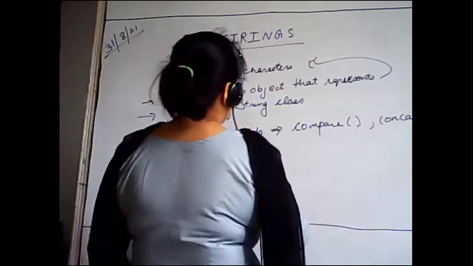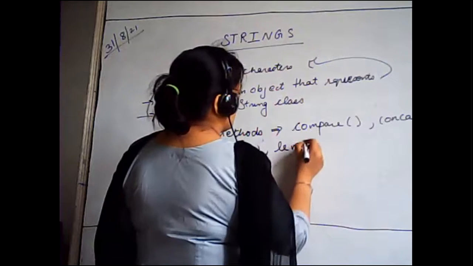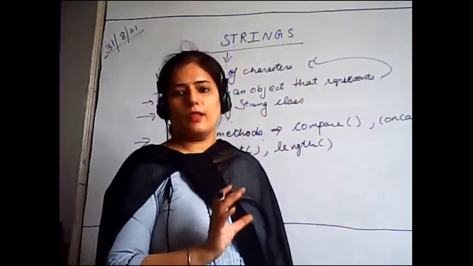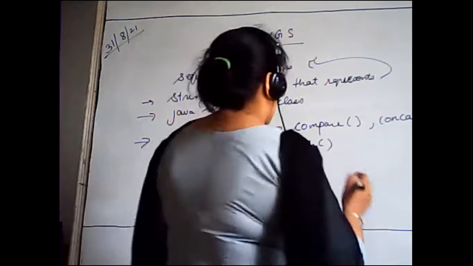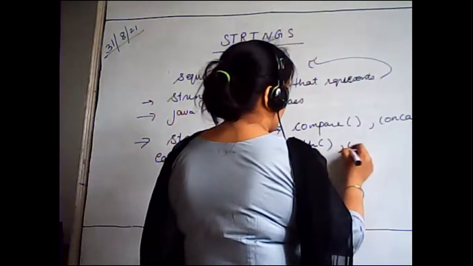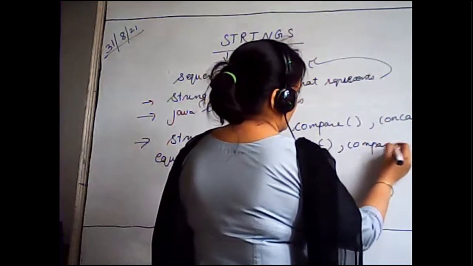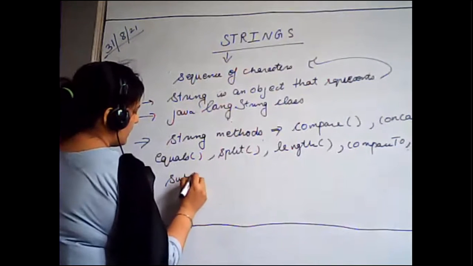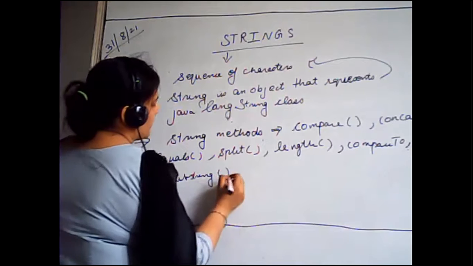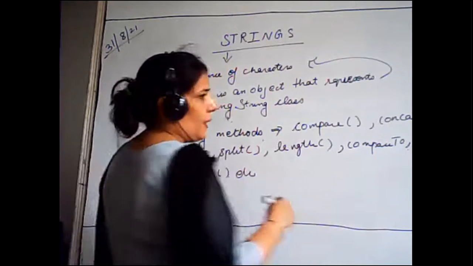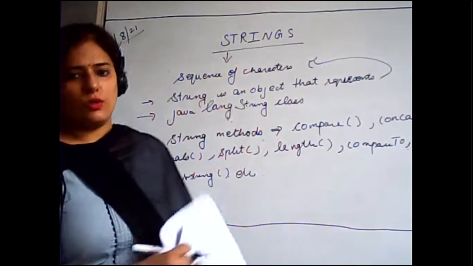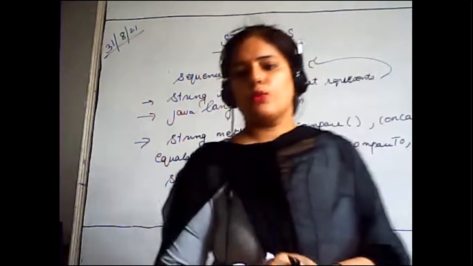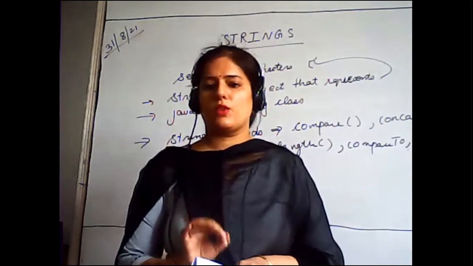Then we have the length method, which will help you get the total length of your string. Similarly we have compareTo, that will compare your strings. The substring method is there. So these are the different methods, etcetera. Apart from all these, there are also many more inbuilt methods available in Java, by using which we can perform different operations on strings.